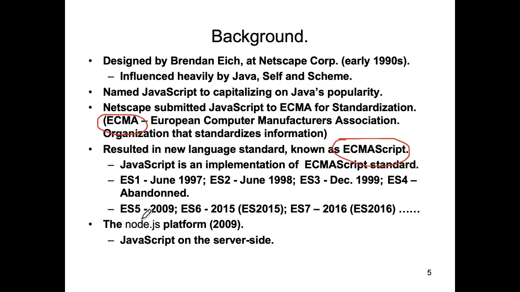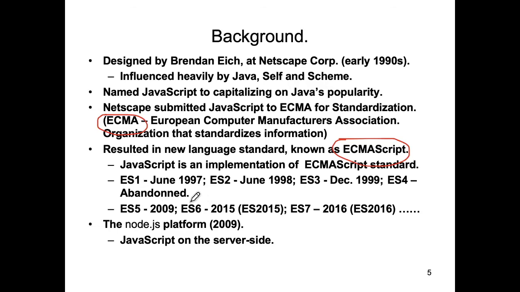But with the emergence of Node.js, the ECMA organization decided that they would resurrect the ECMAScript specification, and they published what was called ECMAScript 5, ES5. And from then on, they have upgraded the specification year on year. So we get ES6 in 2015, which is also a very significant one, ES7 in 2016, and on it goes. I think they're kind of referred to as ES year now rather than ES numbers. So you get ES 2018, ES 2019, and so on and so forth.